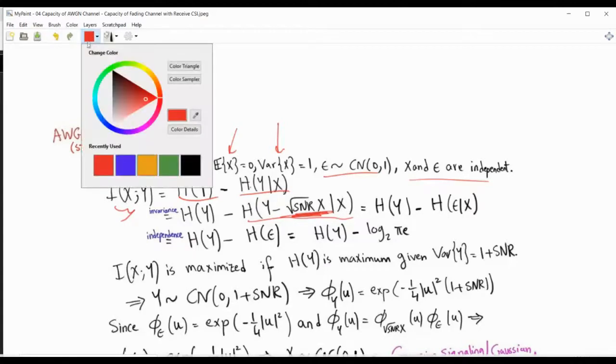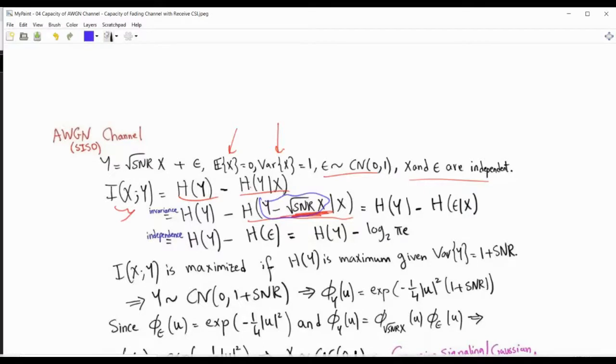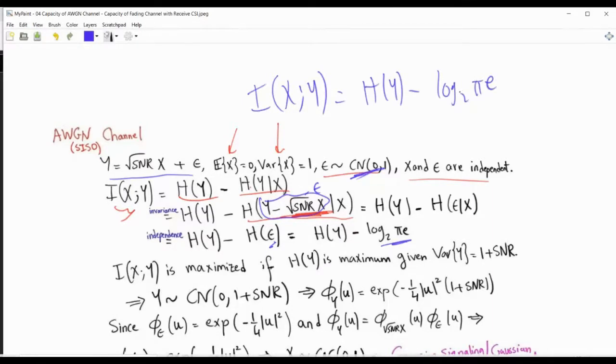And what is this y minus square root SNR x? It is actually epsilon from the received signal model. So this is h of y, and epsilon is independent of x. The noise and the symbol are independent. So this is h of y minus h of epsilon, and epsilon is Gaussian, so you can evaluate and find its entropy. So the mutual information between x and y is equal to h of y minus log 2 pi e, like this.